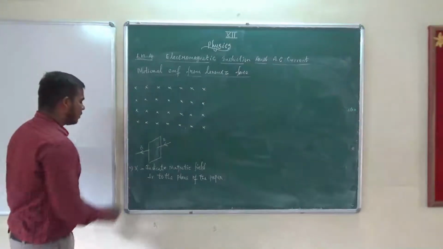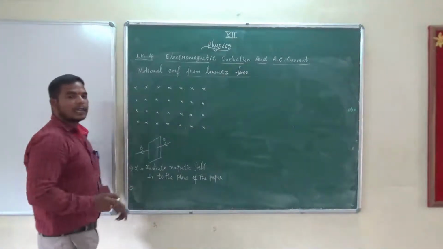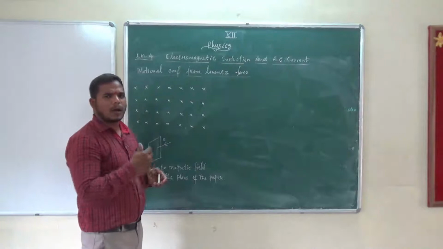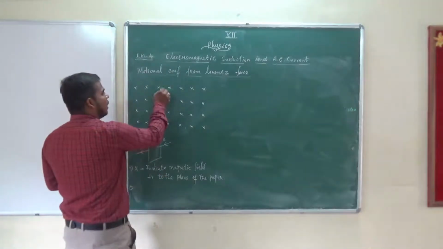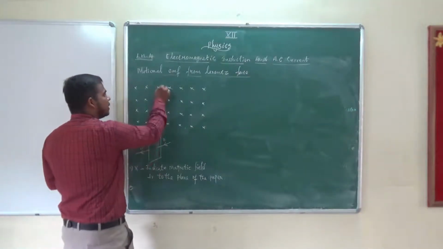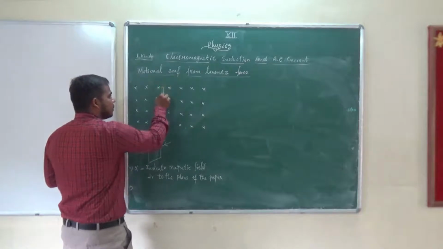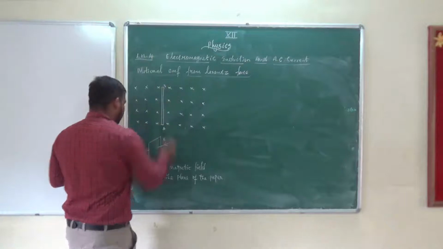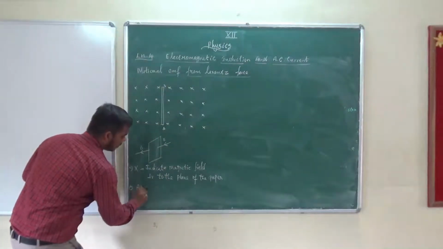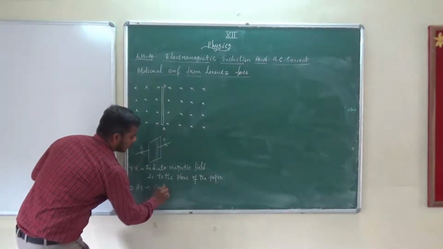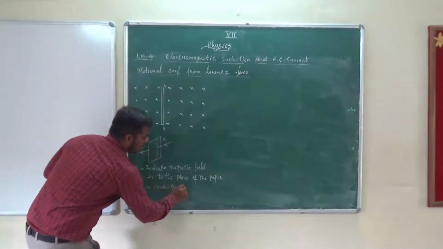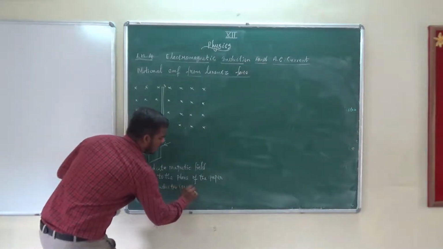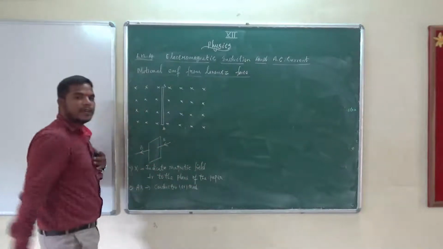Okay. Next, I will take a rod or conductor. Here I will take the rod or conductor AB. AB represents nothing but the conductor or rod.